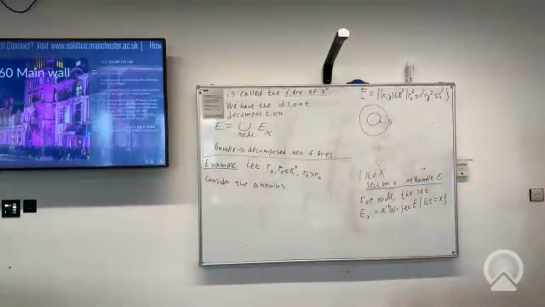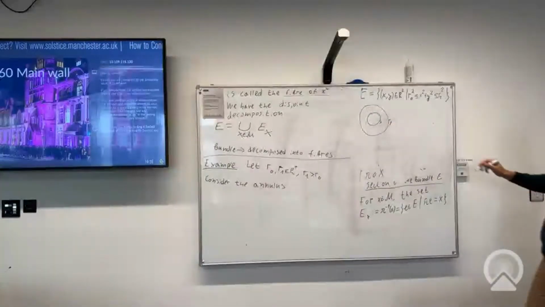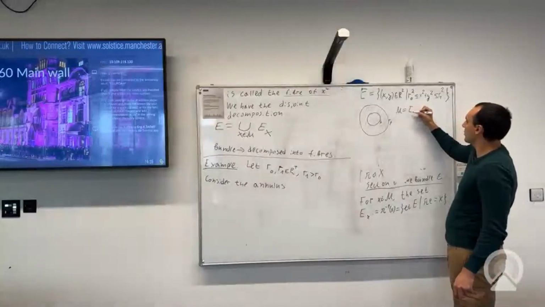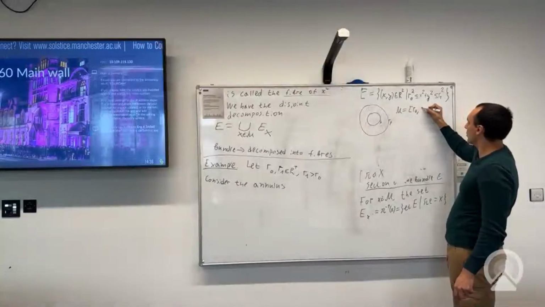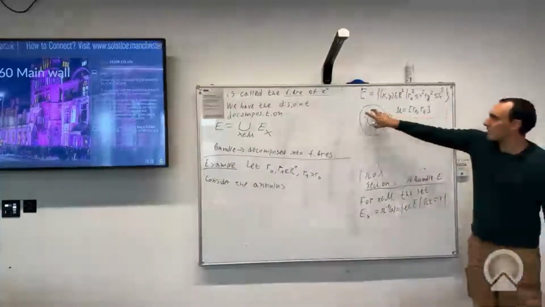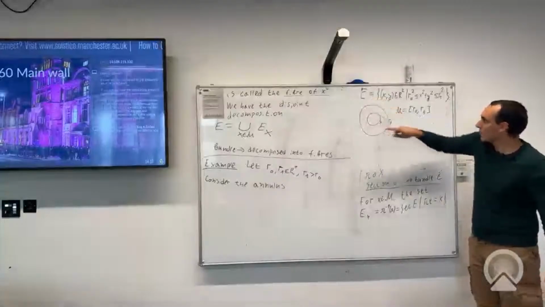Now, M is the interval from R0 to R1. Can you tell me how to project a point in this annulus to this interval?